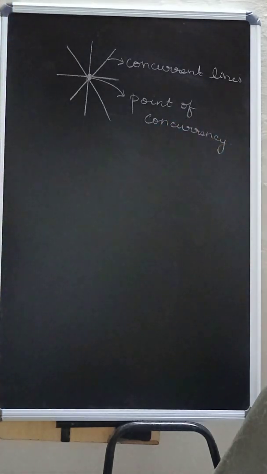What we are now going to see are different types of concurrent lines and different points of concurrency in a triangle.